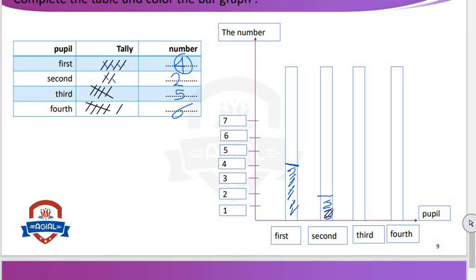Third equals 5. We go up to 5 in here, and we will color all of it. And fourth, 6. So 6 in here, and we will color all of it with a pencil.